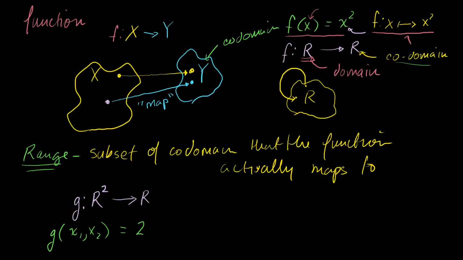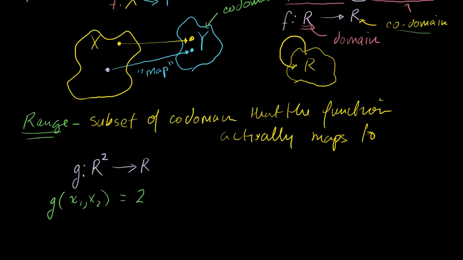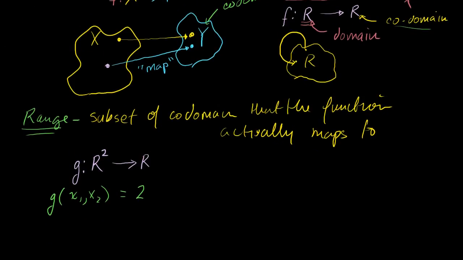Let me write the other notation, just because you probably haven't seen it much. I could write that g maps any points x1 and x2 to the point 2. This makes the mapping a little bit clearer. But just to get the notation right, what is our domain? That was part of my function definition.